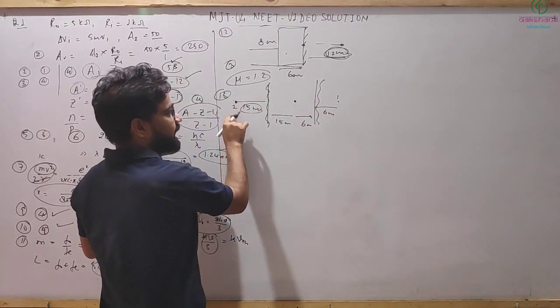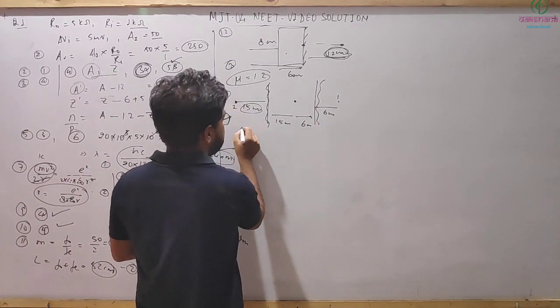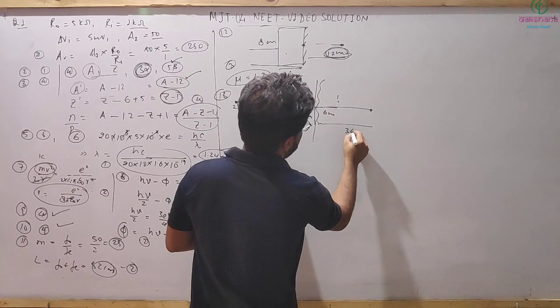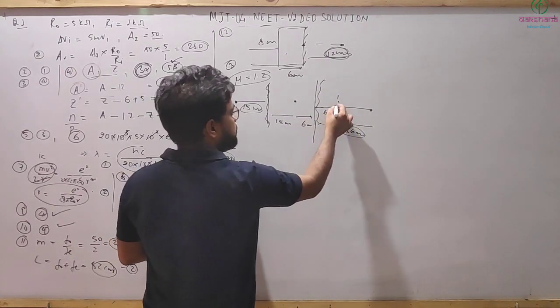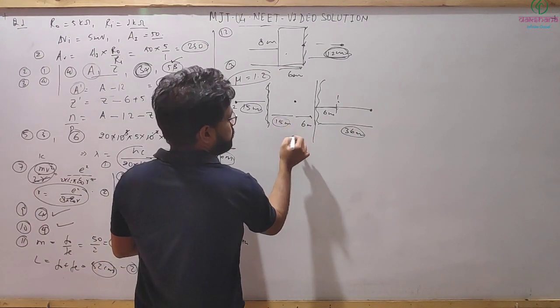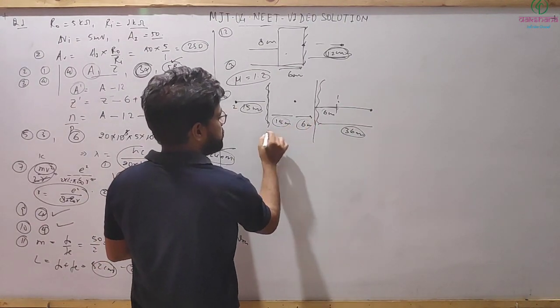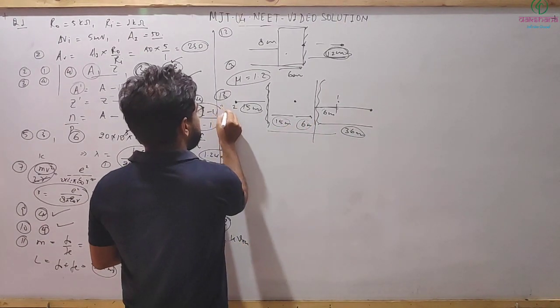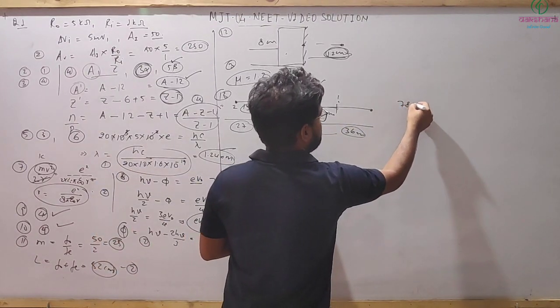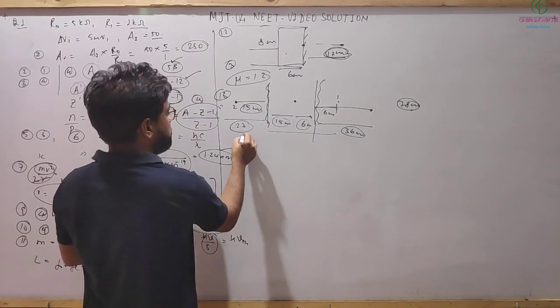This image will act as an object for this, so the next will be here at 36 centimeter, and similarly this will act like an object for this mirror, so it will be 15 plus 6 plus 6, that is 27. The image will be here at 27, and so on. We are checking the fourth image comes at 78 centimeter. So that's matching with option number 3.